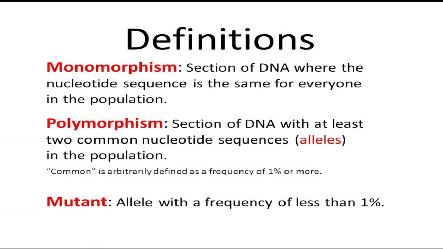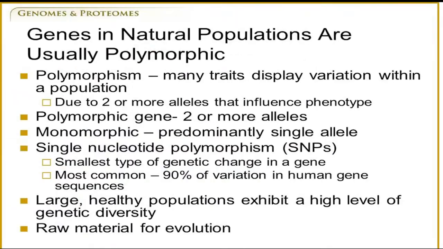Polymorphism plays a very important role in evolution because it provides the variation of characteristics in organisms of a population. So polymorphism and many traits display a variation within population.